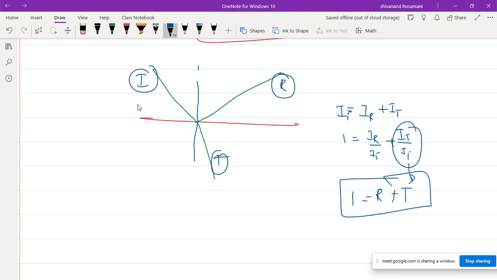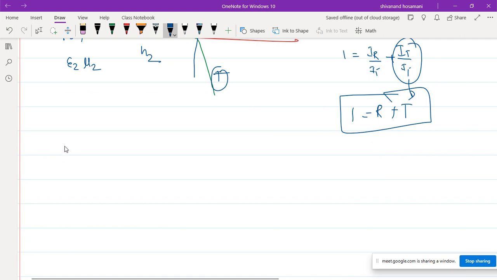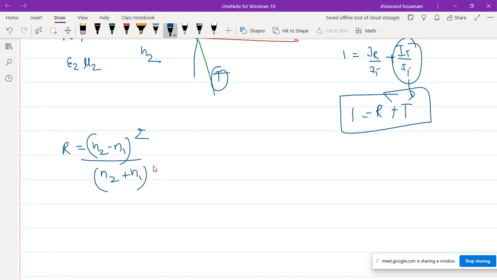Let us consider its refractive index is n1, and its refractive index is n2, because we know that refractive index can be represented with epsilon 1 and mu 1. Here we define epsilon 2, mu 2. Moreover, R we got as n2 minus n1 whole square divided by n2 plus n1 whole square, or writing total whole square is the same.